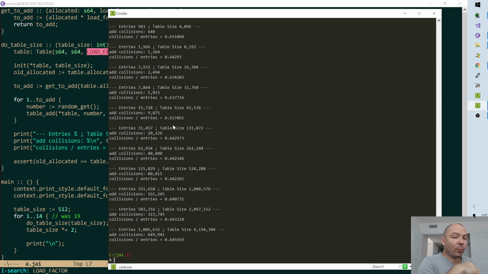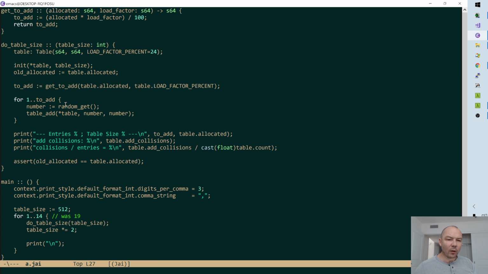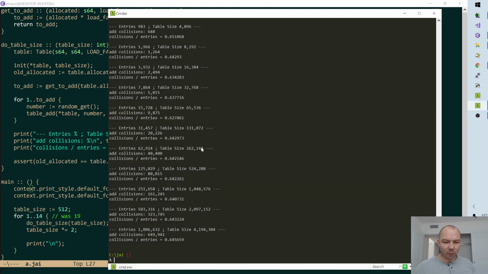Maybe there's something really emergent, like maybe our reprobe strategy causes a lot of collisions in some exact case, but I don't see how that could be. I don't think the random that we're using seeds, and we took the random out of the hash table, so we should be getting the same numbers every run.